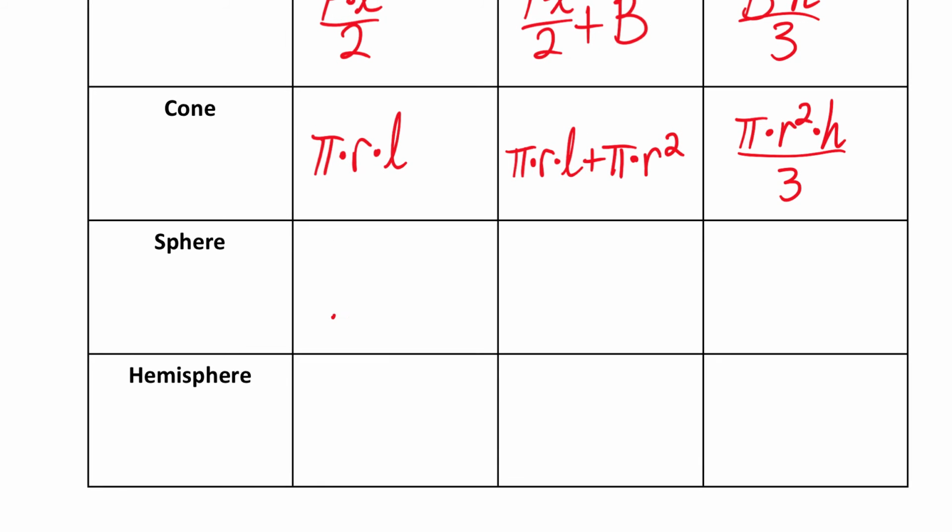Okay, for a sphere, the lateral surface area does not really apply here. You can't really find the lateral surface area. But total surface area of a sphere is 4 pi r squared.